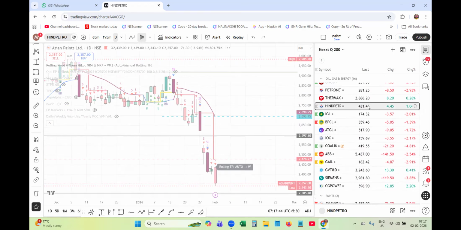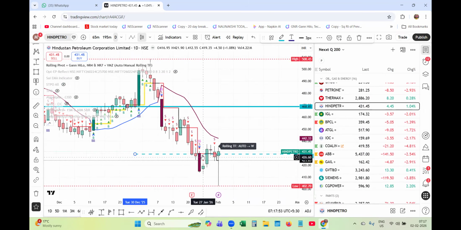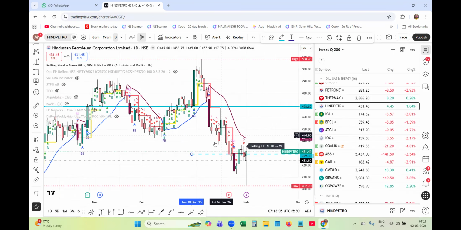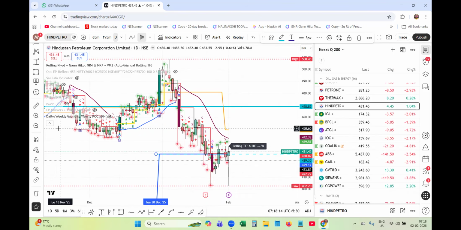Let us see HPCL. HPCL is showing price above the pivot, still the trend is down, but some type of pullback rally you can see from 431 to 441. Still the trend is negative, but you can anticipate some sort of pullback rally. So I need to enable the point of control.